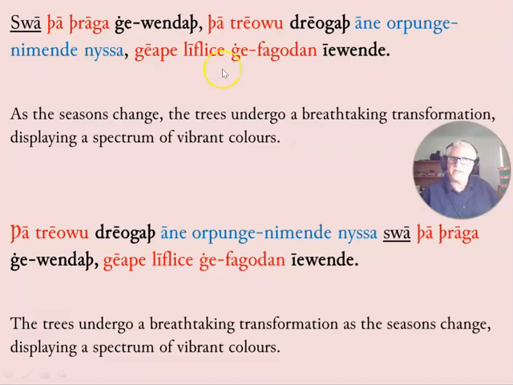Yes, I was having a lot of fun with this. As the seasons change, the trees undergo a breathtaking combination of two words here, arapunge and nimenda nusa, breathtaking transformation, nusa being the transformation. So that was fun.